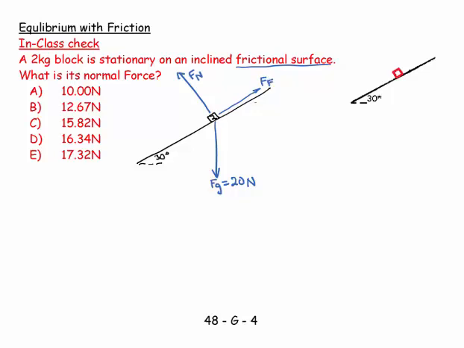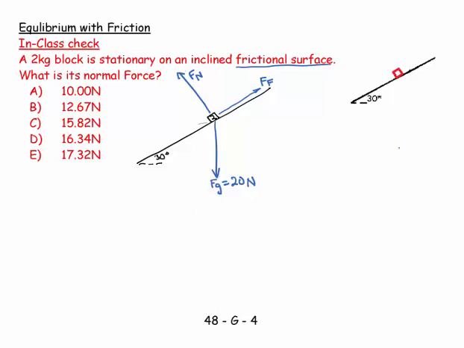And I know that is going to be up the slope, because if for no other reason then, vectorially, if I add Fn and Fg together, I get a force down the slope, and if that's not balanced by something, I'm going to get an acceleration down the slope which is going to change my velocity. And this says it's stationary, so it's steadily at 0 meters per second. So there's my three forces.